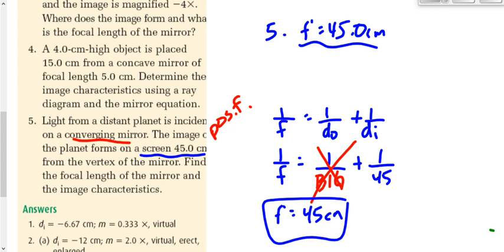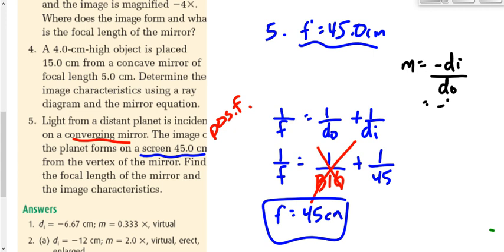Now, what about the characteristics? I don't see anything from that, actually. It's converging, so it could be real or virtual. Upright or inverted. Say m is equal to negative di over do. M is, what is negative di here?